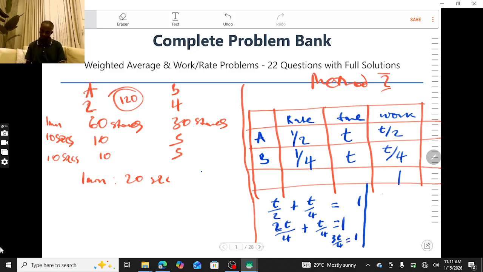That is 3t equals 4. T is 4 over 3. This equals 1 whole number 1 over 3 minutes.